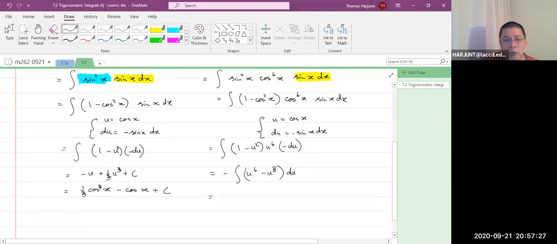So that's equal to 1/9 u to the 9th minus 1/7 u to the 7th plus constant, and then from there we substitute that back.